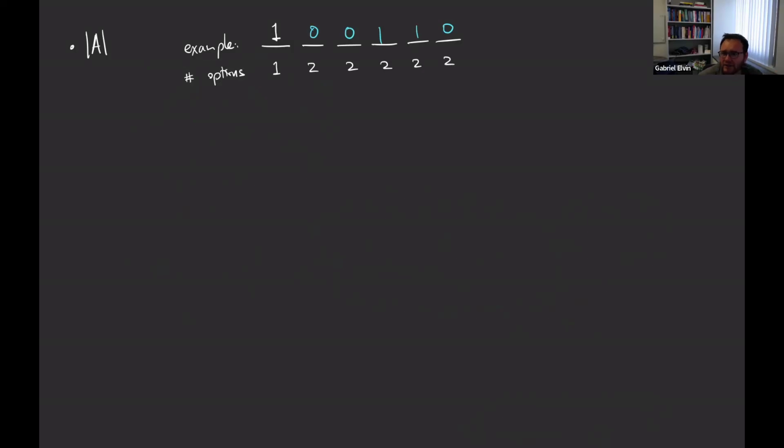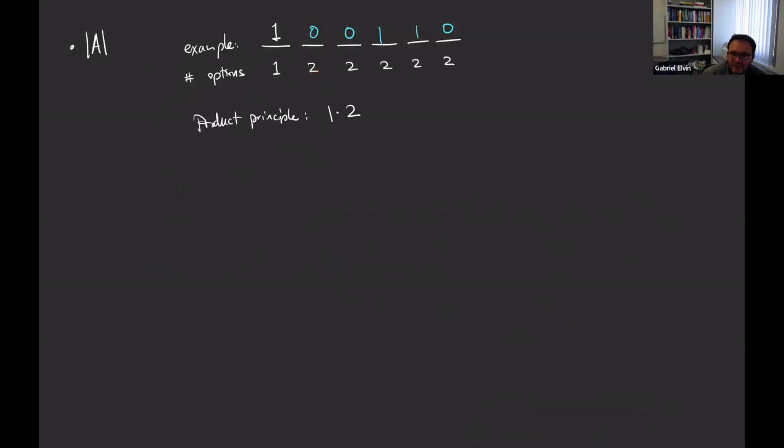And then if I use the product principle, or the multiplication principle, I get the answer, right? The product principle says that this would be 1 times 2, because let's say I have 2 options here.